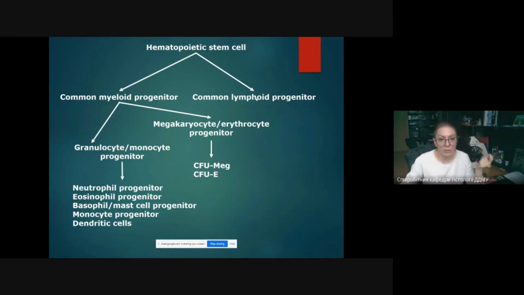So the hematopoietic stem cell is called multipotential. Sometimes you might see the term pluripotential, but keep in mind that plural means plural possibilities, and pluripotential are the cells of the inner cell mass or embryoblast in the blastocyst, as they can give rise to all cells of our body.